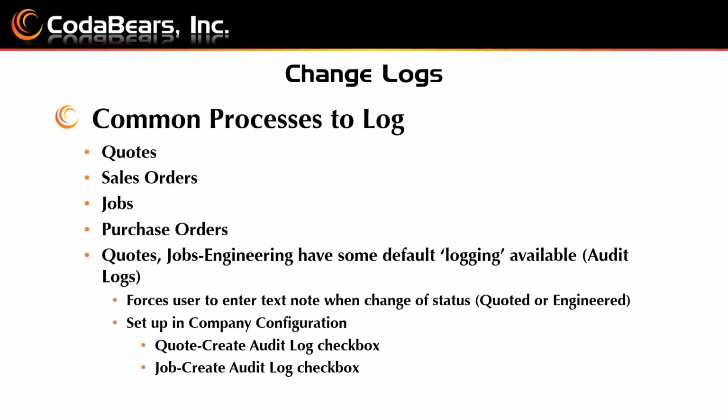For instance, when you have a quote that you're going to change to quoted, at that point, if you're set up to create the audit logs within company config, it's going to force you to put text into a field. But the drawback there is that you can put in whatever you want. You just have to have something, you can put in a period. So this doesn't force anyone to do anything. If they're not going to be disciplined, they're just going to save their initials or something like that. So you can't always tell what changed, but you can see who was there and when it was flipped to quoted or engineered.